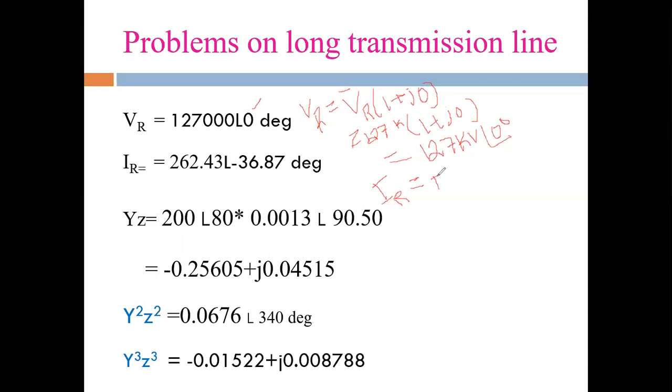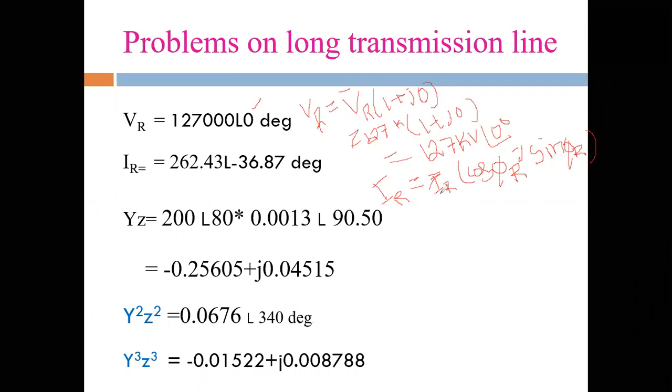IR is equal to IR bar into cos phi R minus J sin phi R. This is the formula for IR, and then substitute IR, that is 262.43, into cos phi R meaning 0.8 minus J sin phi R meaning 0.6.